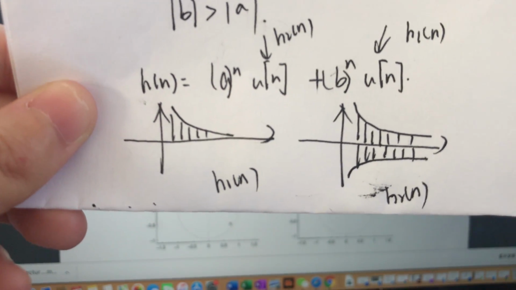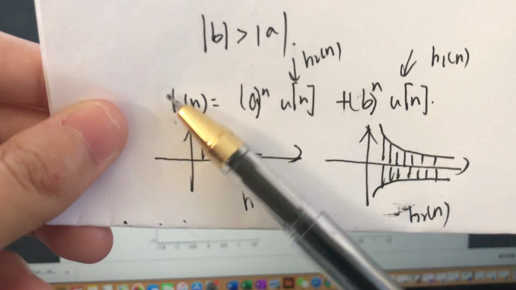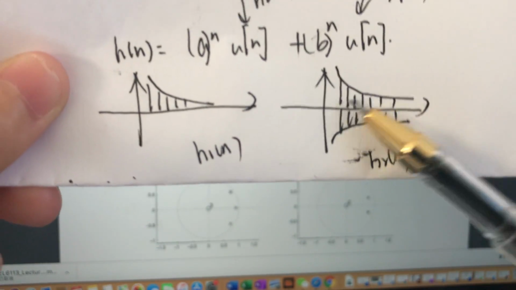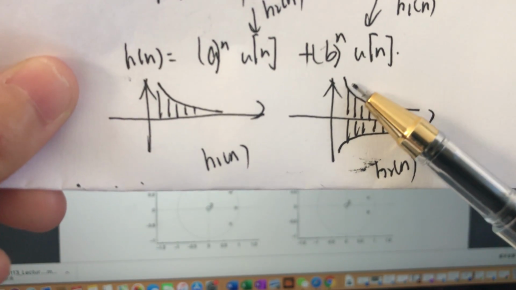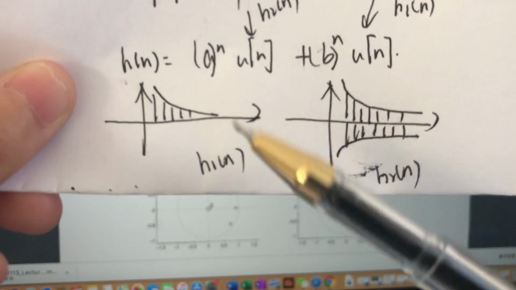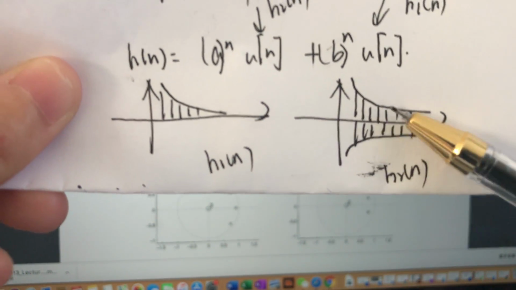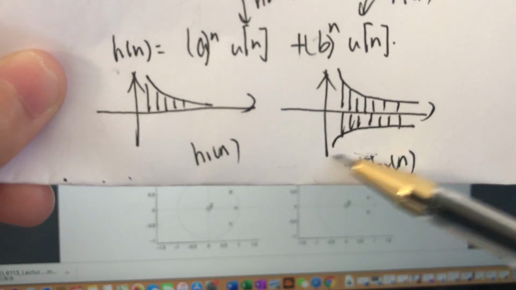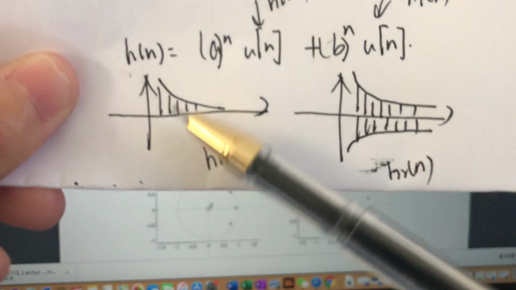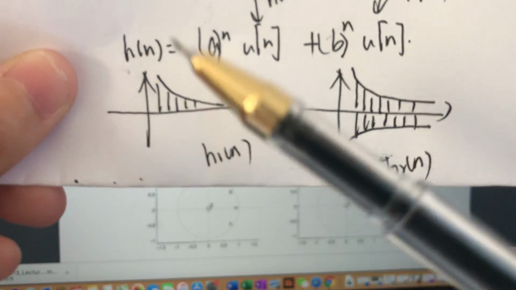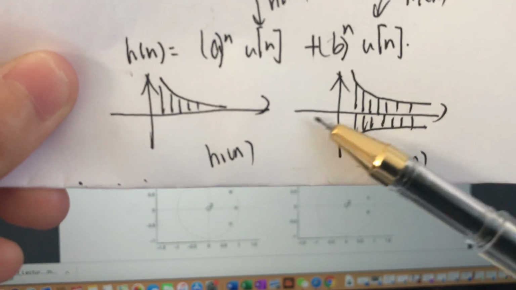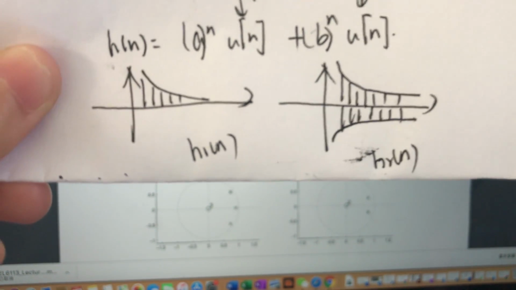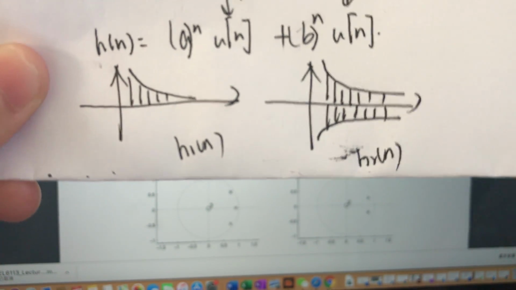So when we apply this diagram to this diagram, we could see that for the positive points, it will be much higher than the original values, because it will be added by positive values, and for the negative points, it will also be added by positive points, which means the absolute value of the negative points will be lower, even close to 0.